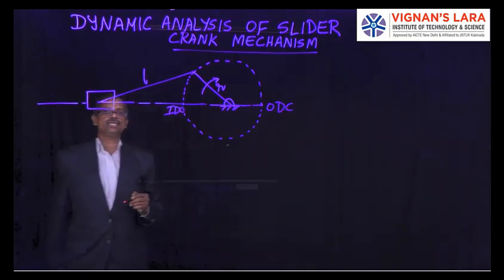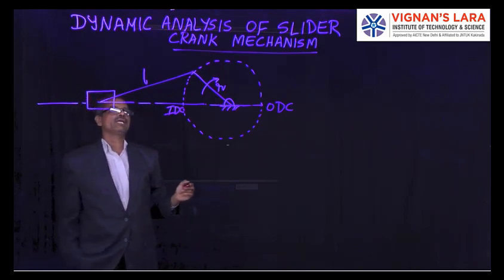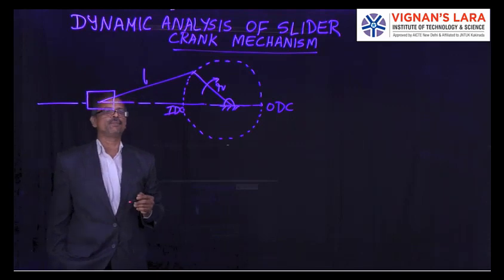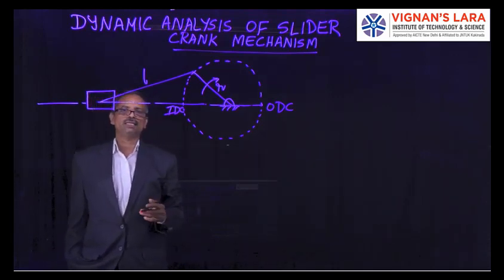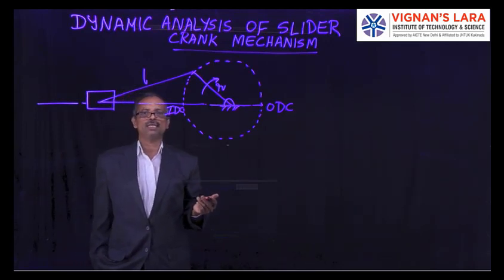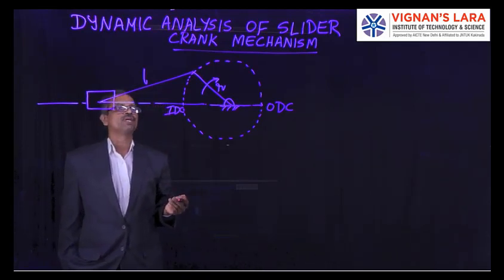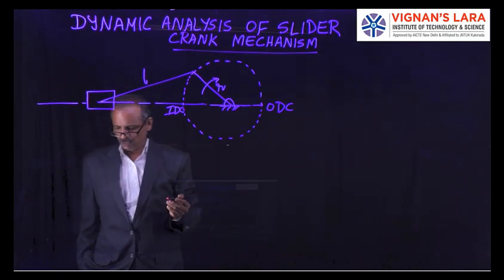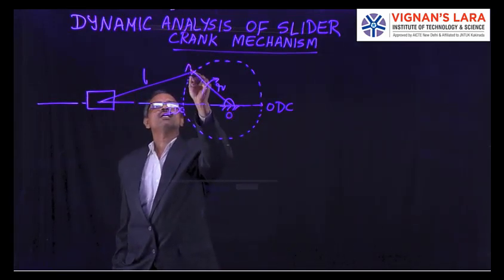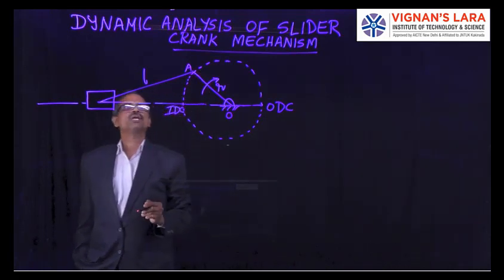So it is a horizontal engine, or a horizontal mechanism. We call inner dead center and outer dead center. If you consider it as vertical, then it will become TDC and BDC, top dead center and bottom dead center. So let me name these points: this is O, this is A.